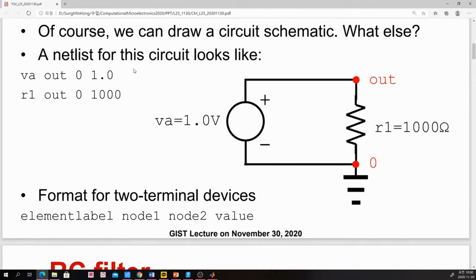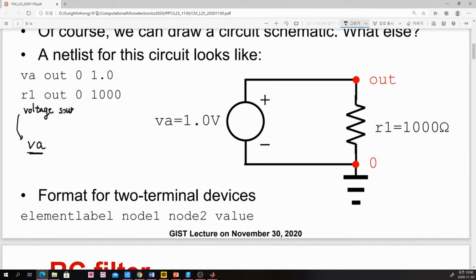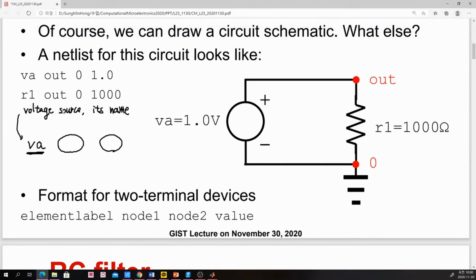So let's make a compact way. I wanted to say it this way. VA, specified this way, we can easily understand this is a voltage source, and its name is VA. We can get these two pieces of information, and by specifying the voltage source, our next two words are resolved for the connectivity description.